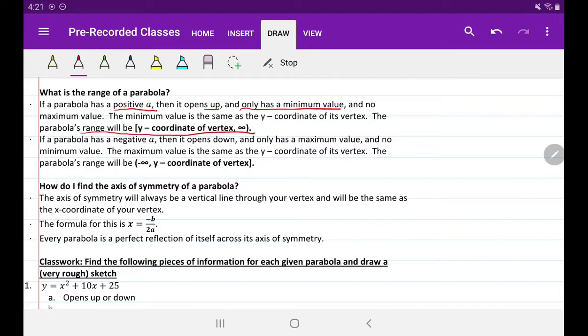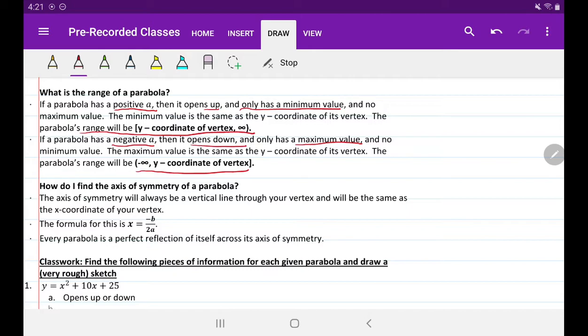If it has a negative a, it opens down. It only has a max value, and then in that case, your range will start at negative infinity, and then you'll plug in the y-coordinate of the vertex, and then you'll close it off with a bracket.